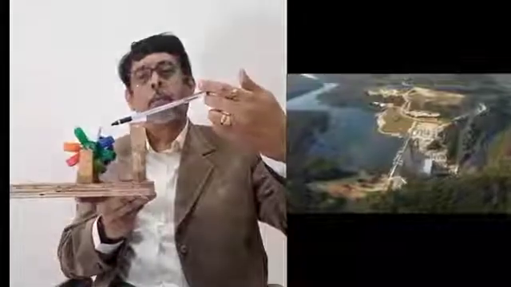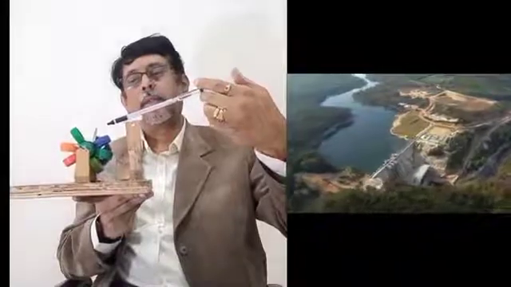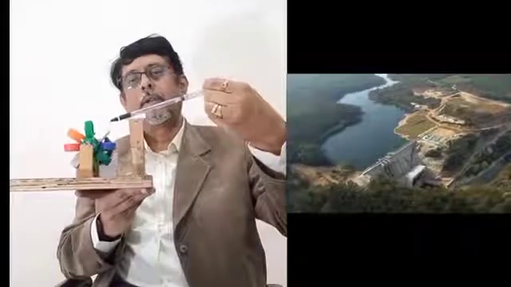Now let us take this example. Let's say that we have a dam here and there's enough water, and I will push this water onto the wheels. You see that the wheels moved.